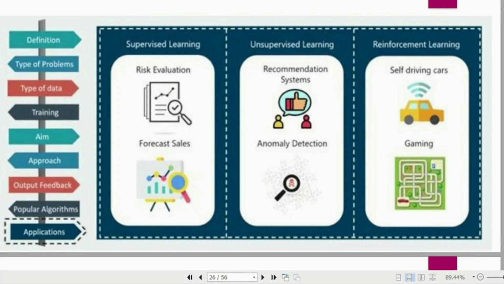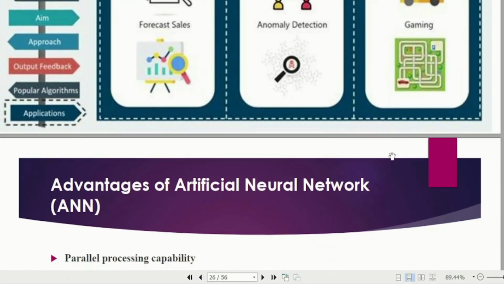Anomaly detection is identifying data points in data that don't fit the normal pattern. It can be useful to solve many problems, including fraud detection, medical diagnostics, and so on. Reinforcement learning is used in self-driving cars, then the gaming system.